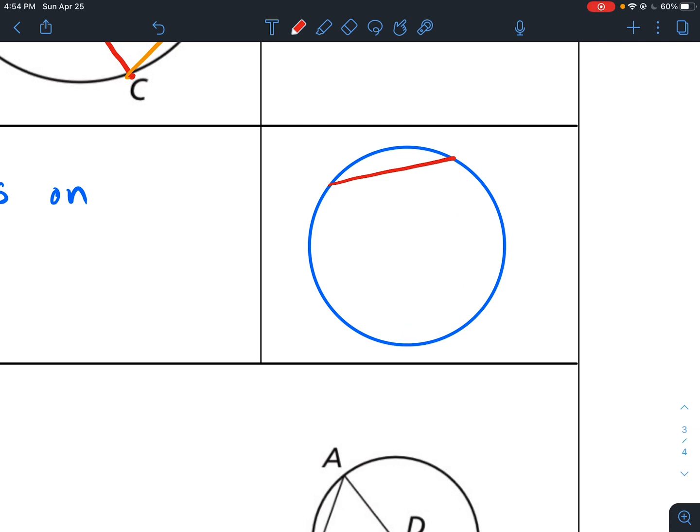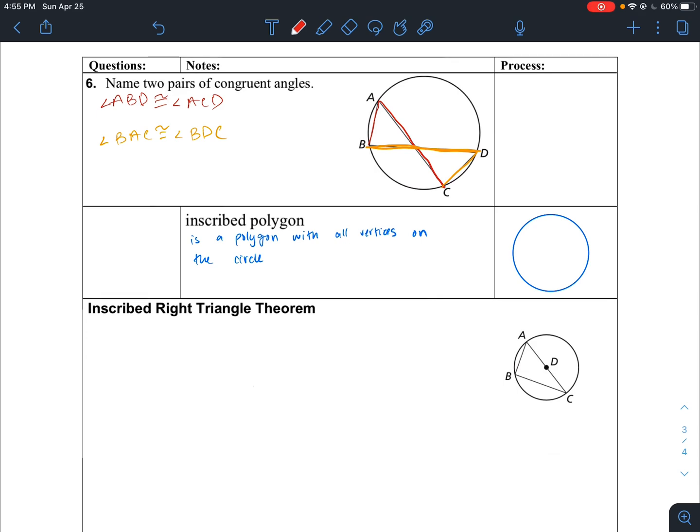Or you can have something like a triangle, like this. A triangle is also a polygon, something like that. This would also be a triangle. And then you could have a pentagon, something that's five-sided. So these would be inscribed polygons. They just have to have their vertices on the circle.